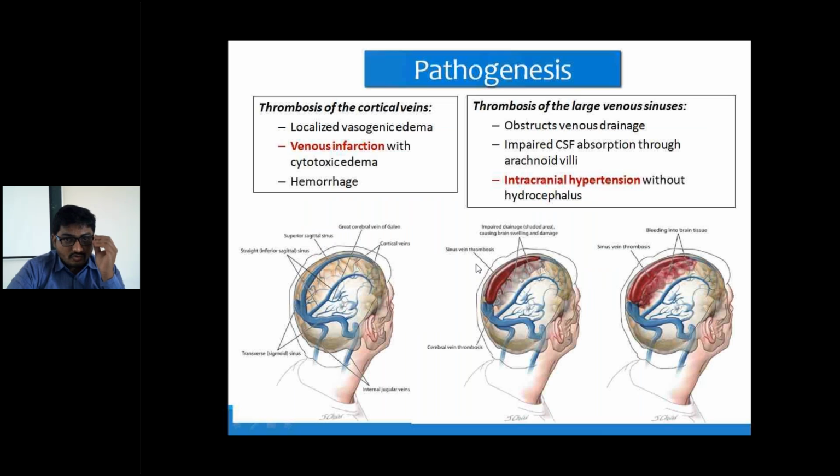So these are the thrombosis of the cortical veins leading to localized vasogenic edema, venous infarction with cytotoxic edema. So what is the difference between ischemia and infarction? What is ischemic penumbra?